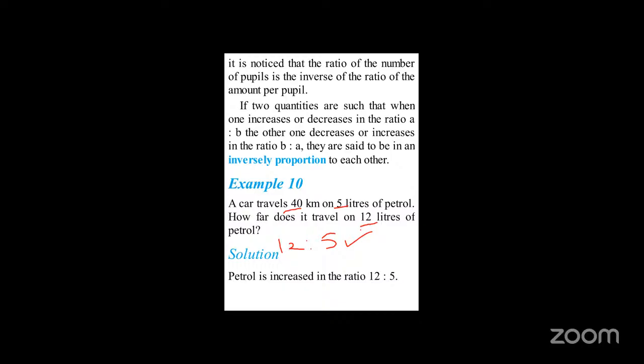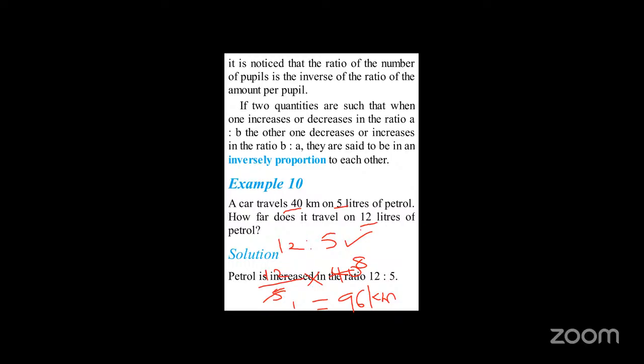So we will have the ratio increase of the petrol, which is 12/5, times that of the distance, which is 40. So when you multiply, 5 goes into 40 eight times. So 12 times 8, you are going to have 96. This is 96 kilometers. You can check and see when you simplify, the ratio of the distance traveled is similar to that of the liters used.